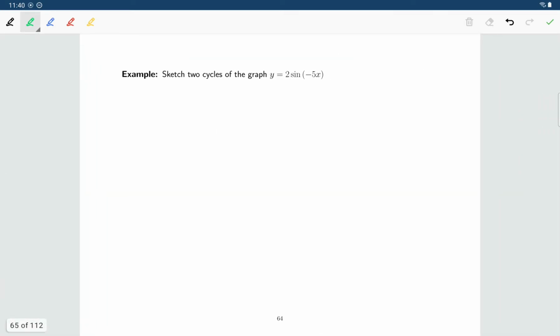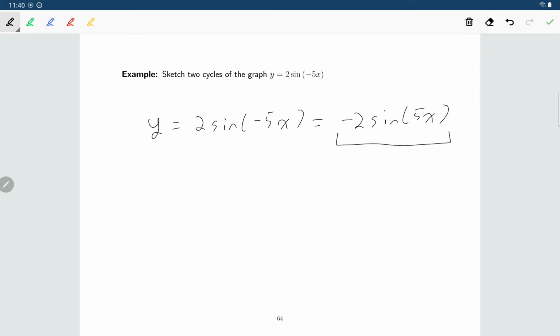Okay, so what we'd like to do is sketch 2 cycles of our graph of y equals 2 sine negative 5x. And I know that since 2 sine negative 5x is equal to negative of 2 sine positive 5x, I can graph this instead, and it will have exactly the same graph as the given function.